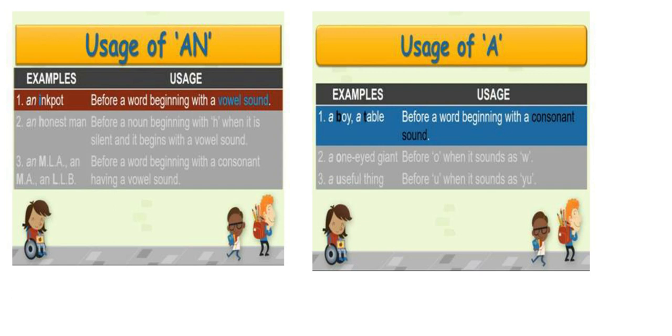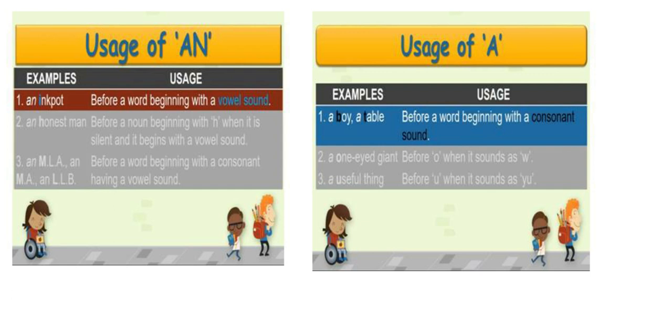In the same way, a one-eyed giant. A is used before O, but O is a vowel, so it should have an, right? No, one begins with a consonant sound W. So therefore, we say a one-eyed giant or a 1 rupee coin.